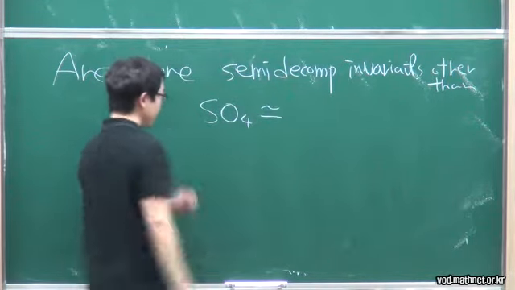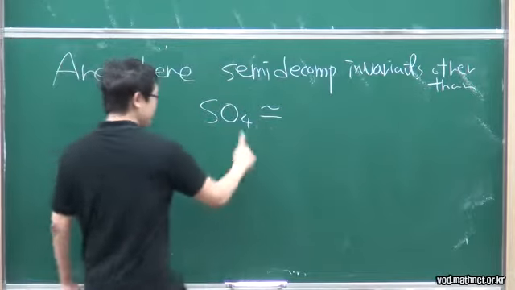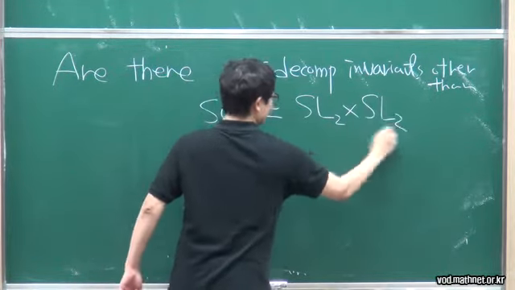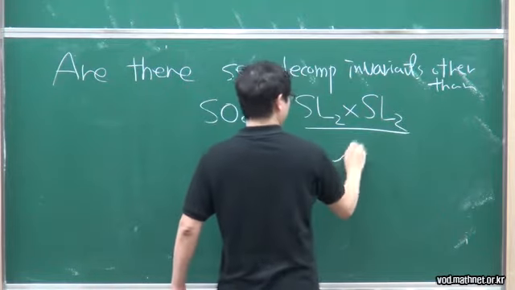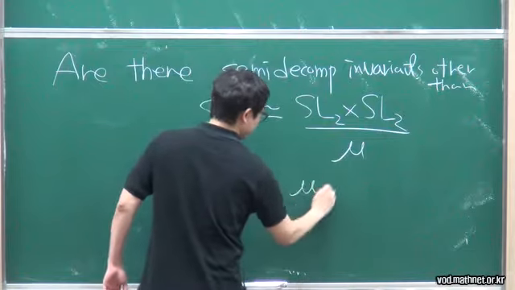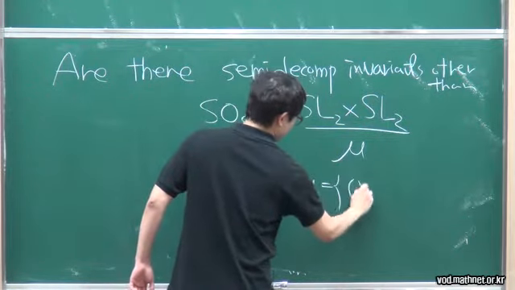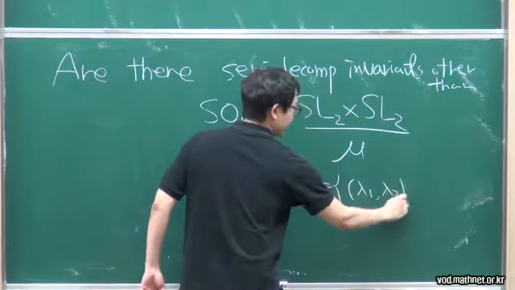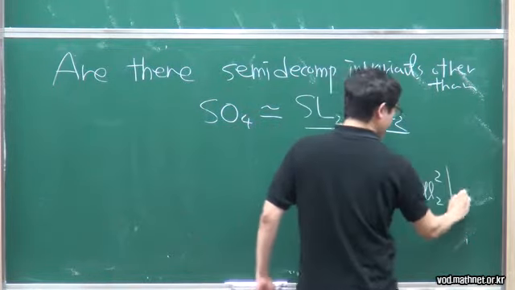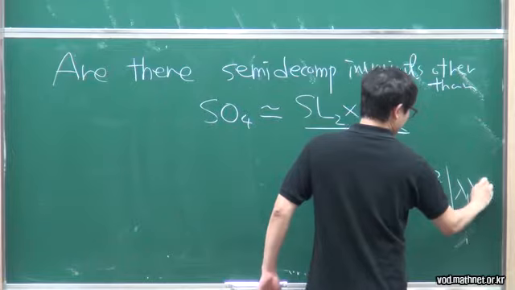So this SO4 is isomorphic to this semi-simple group, SL2 square, modulo the central group mu, which is the maximal central group, mu2 square, and their product is trivial.